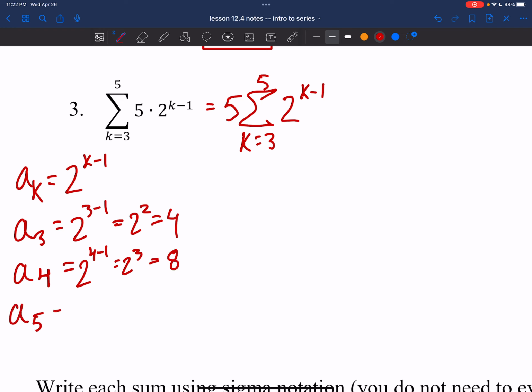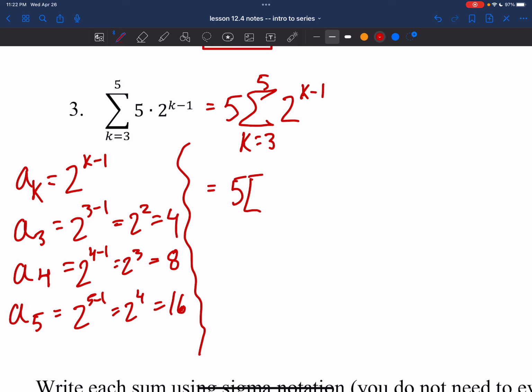And a sub 5 is 2 to the 5 minus 1, which is 2 to the 4, which is 16. So this equals 5 times, in parentheses, 4 plus 8 plus 16.